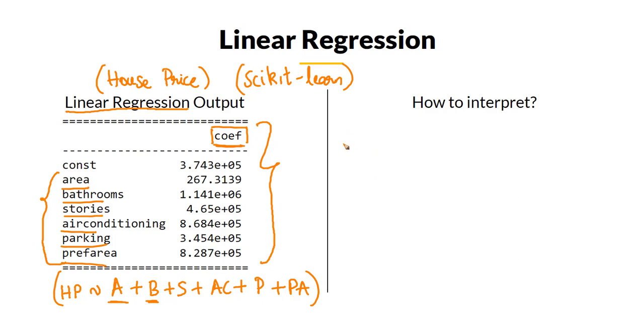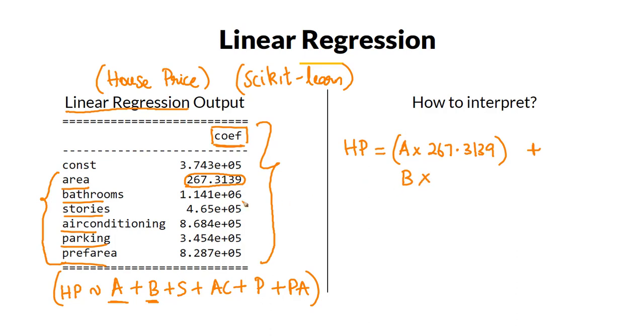Say you have a house. For that house, you want to know the price, and you know the values of these parameters. I'm going to call the value of area as A. The housing price would be A times the coefficient of the respective parameter, in this case 267.3139. This is for area. Likewise, we do this for all the other terms present here.